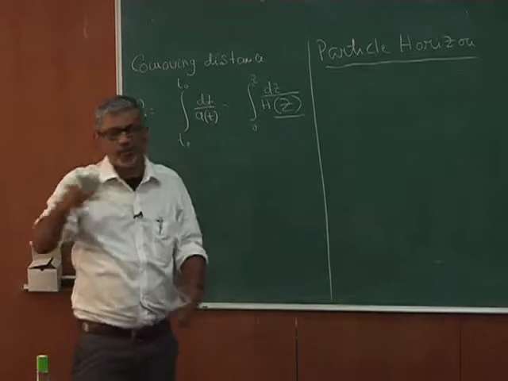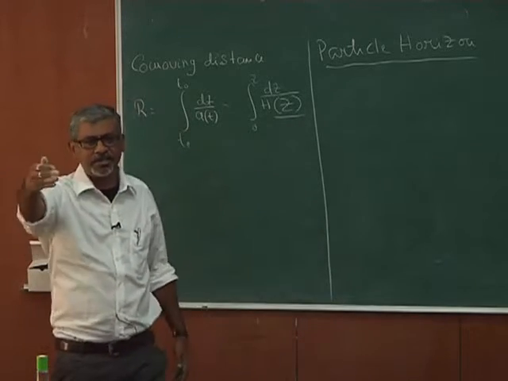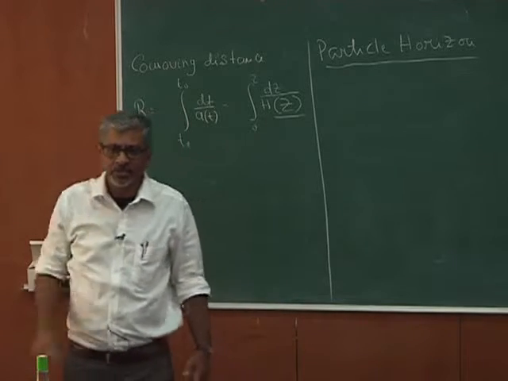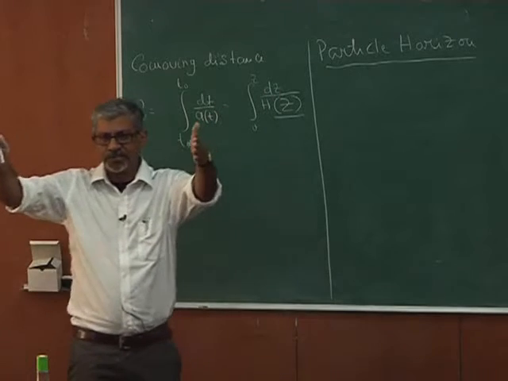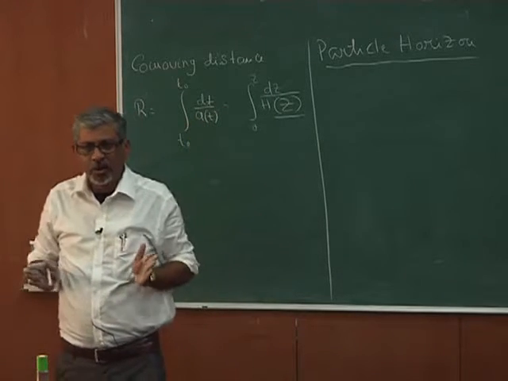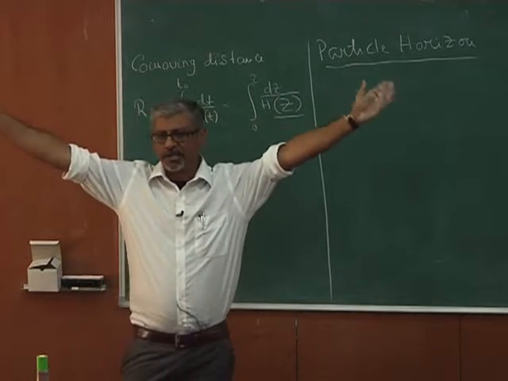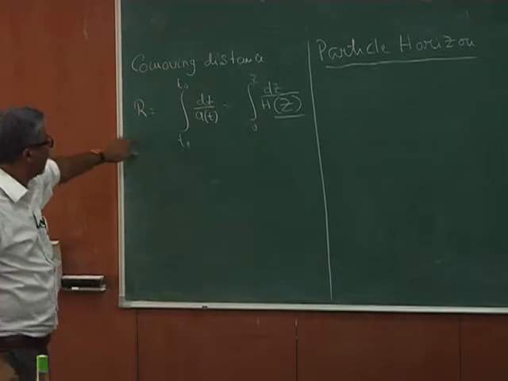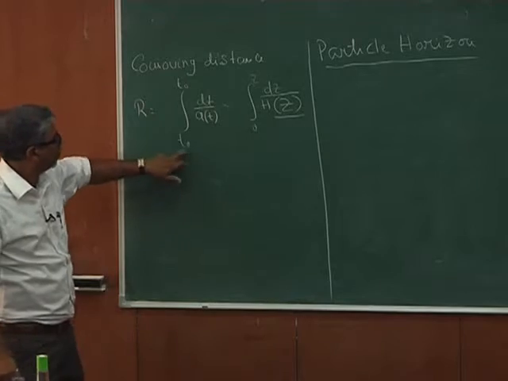So at any point, forget about t equal to 0, if you go to any time in the past, we can calculate whether there is a finite distance from where I can get the light today, or I can get light from any infinite distance. So I just calculate this same thing from 0 to t naught.